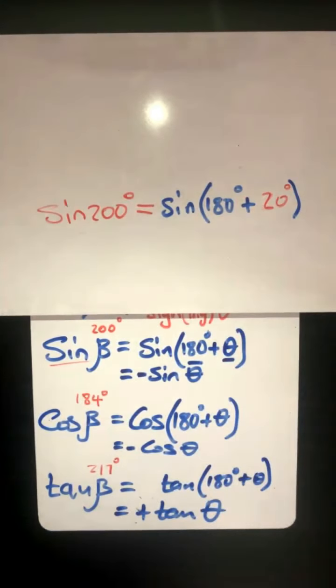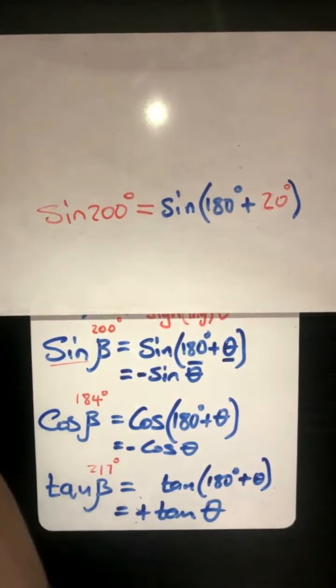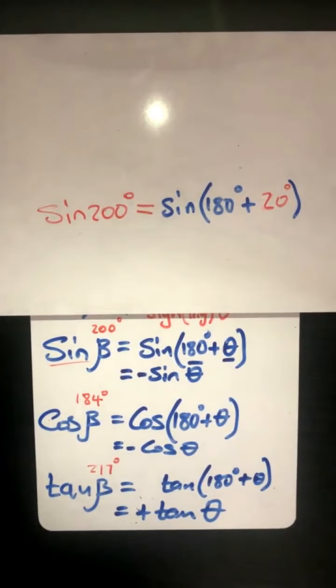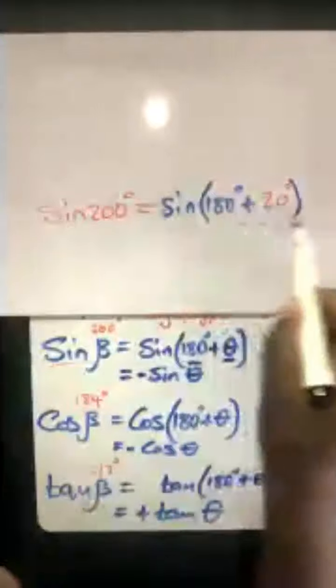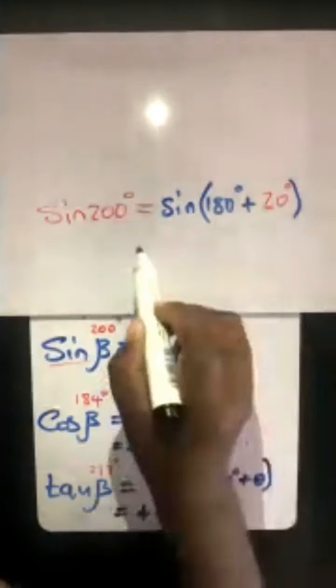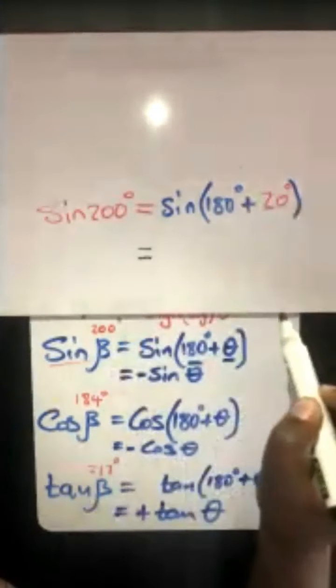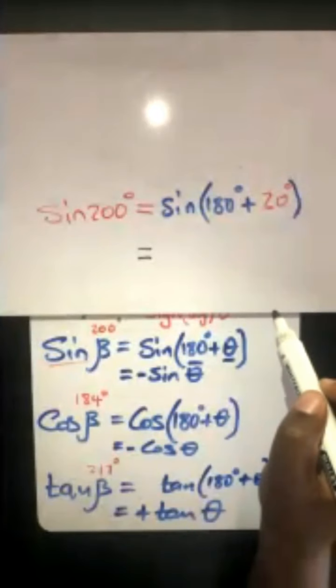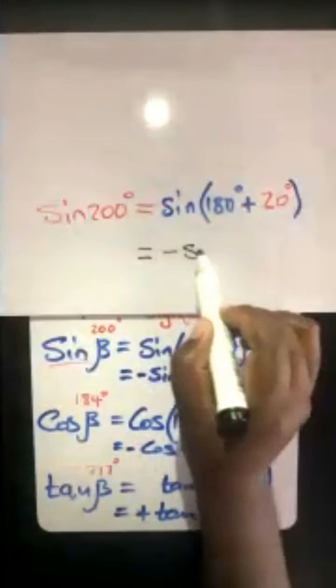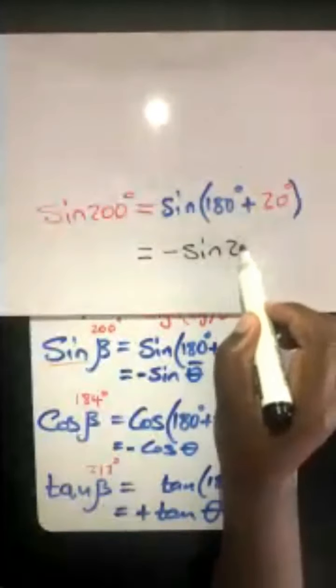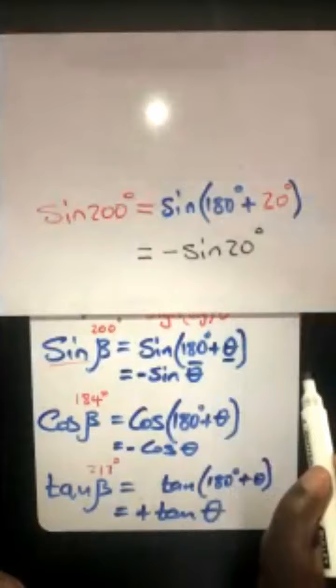Now, this is the interesting part that I want you guys to notice. So you said this thing is the same as what? Negative sine 20 degrees.